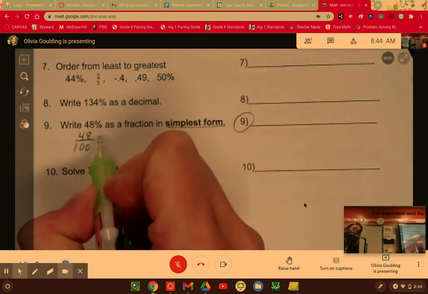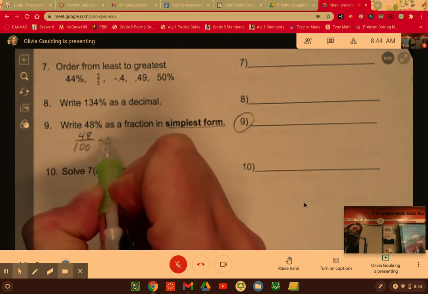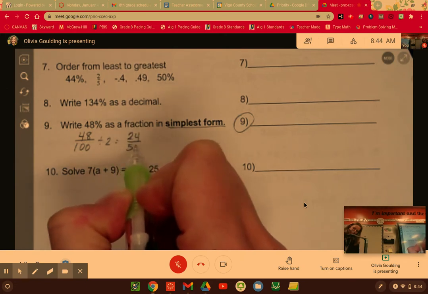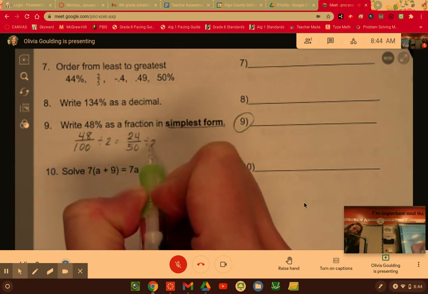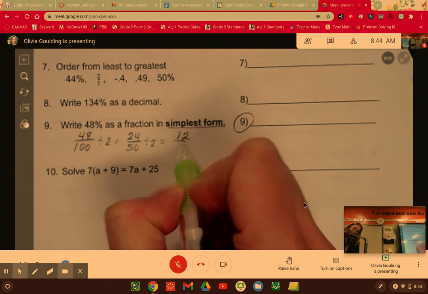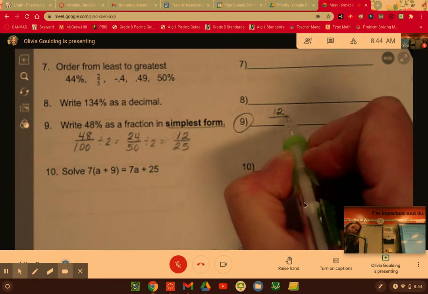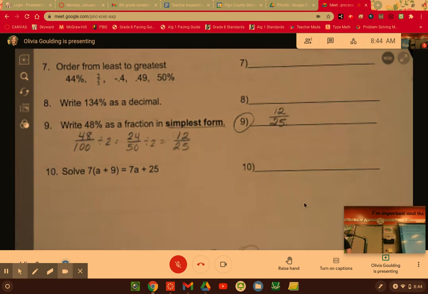So we could start by cutting it in half, right? And then we can do it again and get 12 out of 25. We haven't done too much since 6th grade. We did this a ton in 6th grade, but we haven't done it a lot.